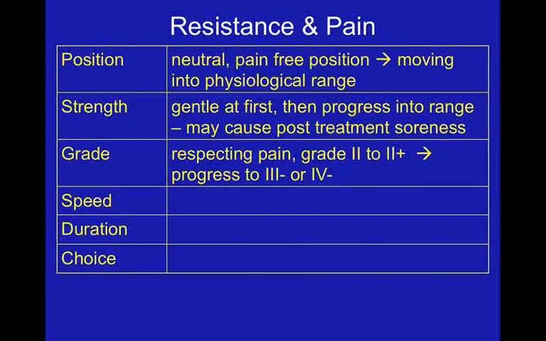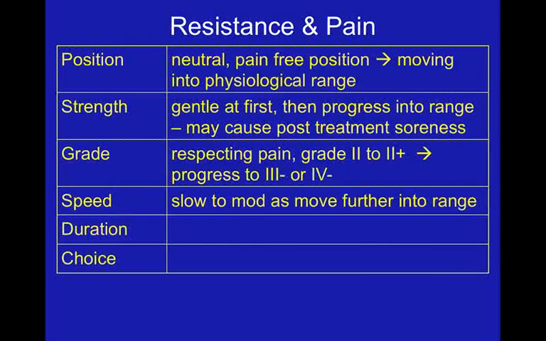Still respecting pain, you can move from a grade 2 into a grade 2 plus, so that you're going to push just at the beginning of R1 and progress into either a 3 minus or a 4 minus, so either a large or a small amplitude range oscillation closer to R1 rather than moving toward R2 because you still have a pain feature in this joint.